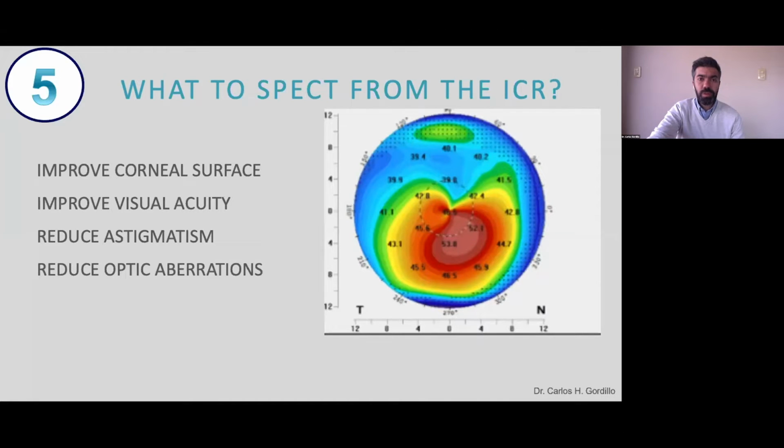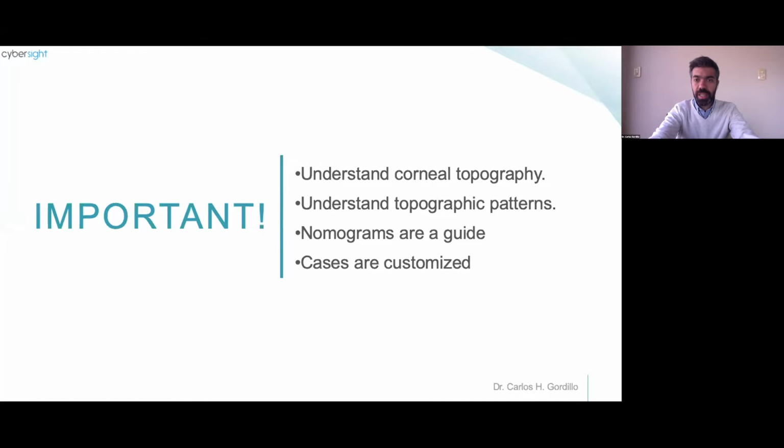Something important for me to share with you is that it's not a refractive surgery. We're trying to improve the corneal surface. After we have a regular cornea, we can make the arrangements for the refractive surgery.